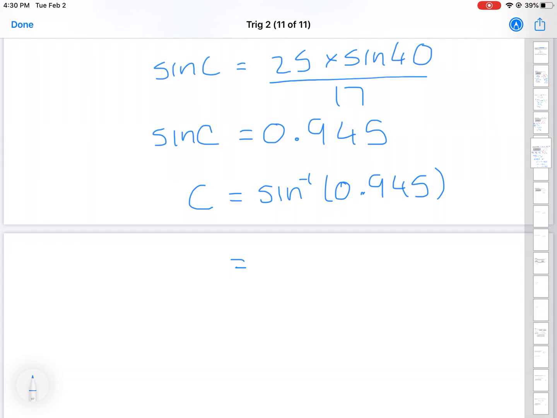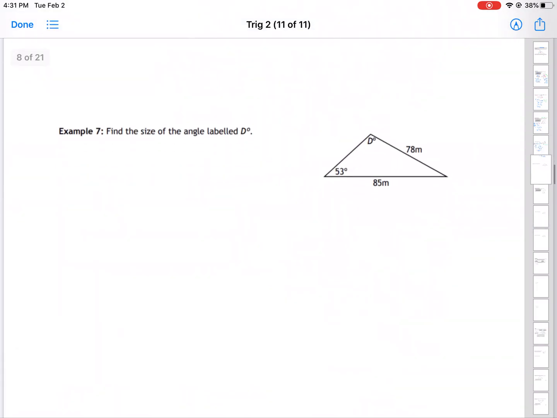Now, I'll put the 0.945 into here, and the reason I take it to 3 decimal places is to have more accuracy in the answer. So the answer to 1 decimal place is 70.9 degrees. Okay. So that process there, sine minus 1, we'll get another little practice at it in a second to see how it applies to maybe a different situation.